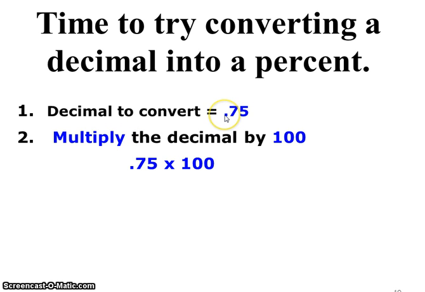It doesn't matter. 75 divided by 100 is going to give me 0.75, as would 3 divided by 4. Once I get to a decimal, all I do is multiply by 100 to get to a percent. So I'd get 75% on that test.